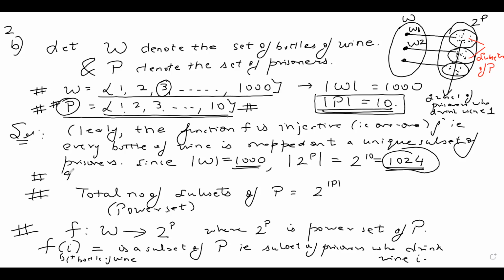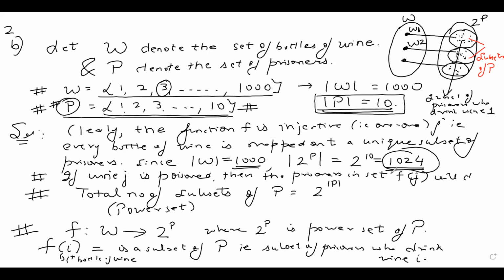And I can write that if wine J is poison, then the prisoners in the set F of J will die after 24 hours.